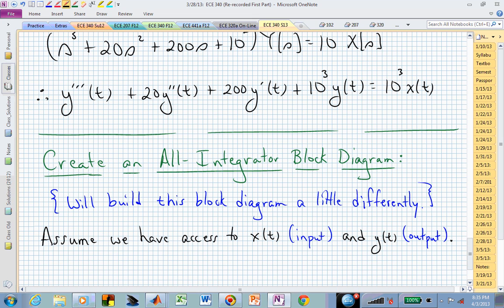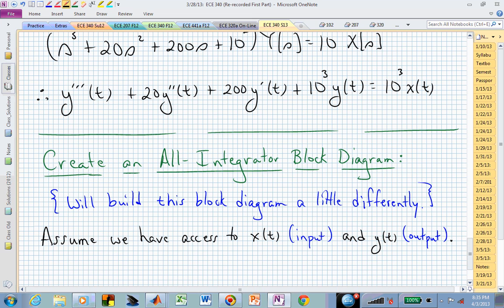But what I will assume off the bat is that I have available to me to measure the input x of t and the output y of t. And from that information, I'm going to be able to build up the entire block diagram, and you should expect 3 integrators.